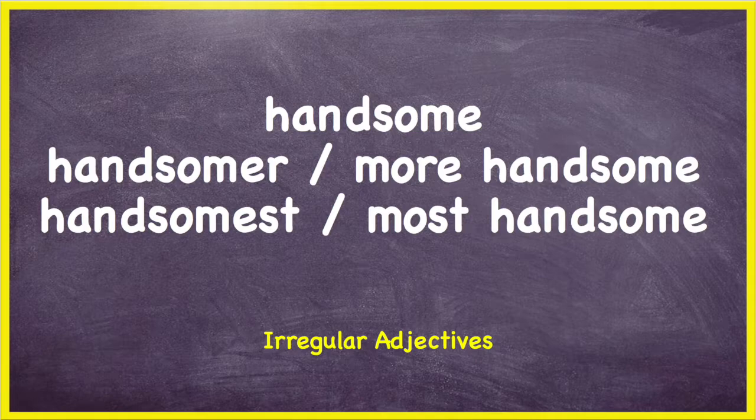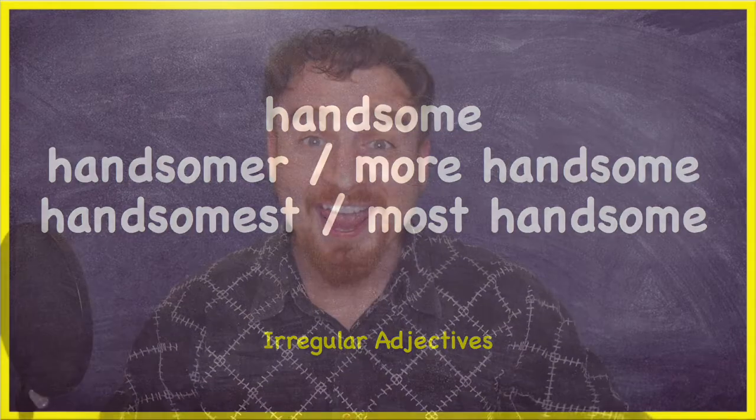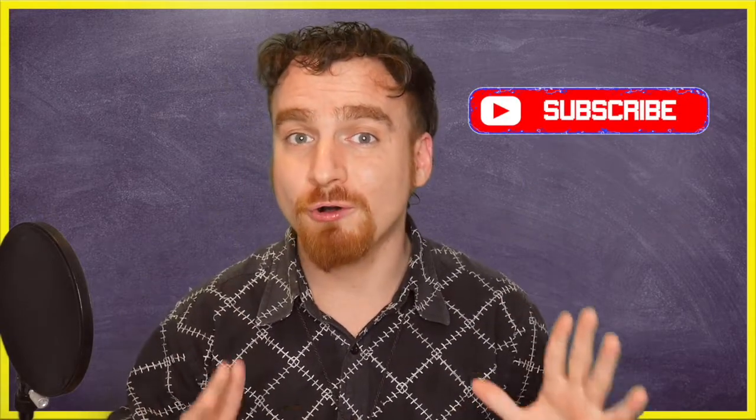And we finally have this strange one, which is handsome. And you can either say handsomer or more handsome. And you can also say handsomest or most handsome. They're all okay.